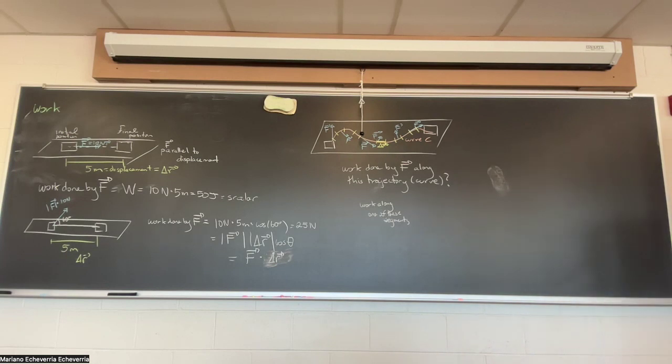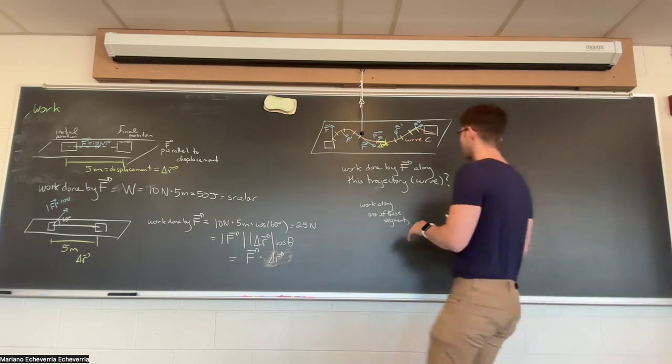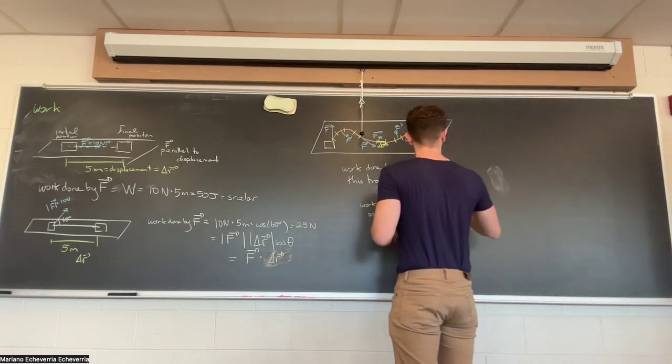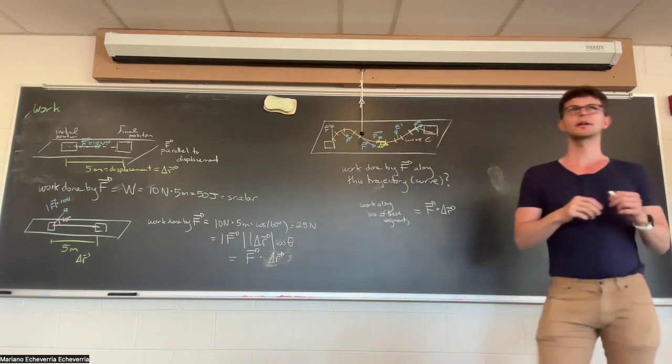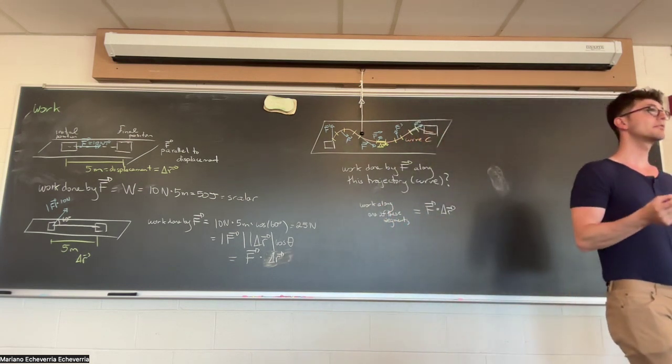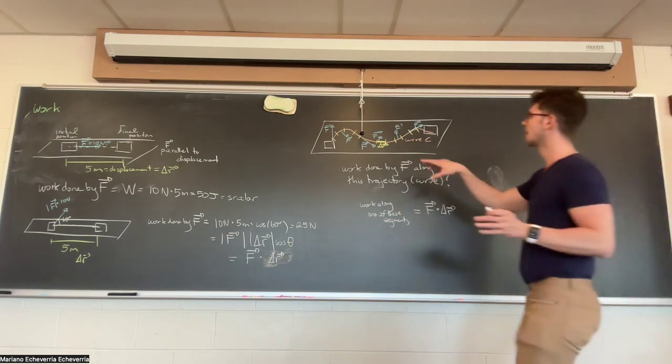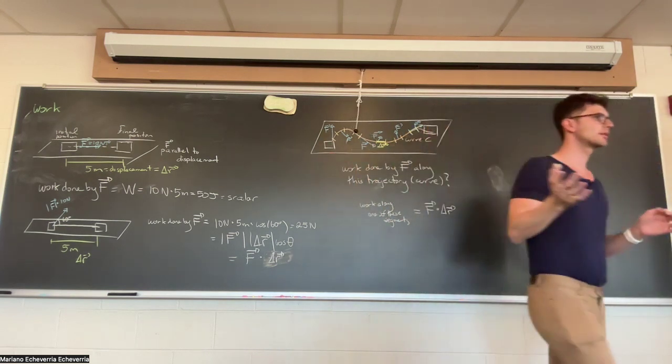So if you look close enough, there's not much of a difference between a curve and the tangent line. So the work for one of the smaller segments is just this. Okay, and then the net work, the total work, would just be adding up all these smaller works, right?